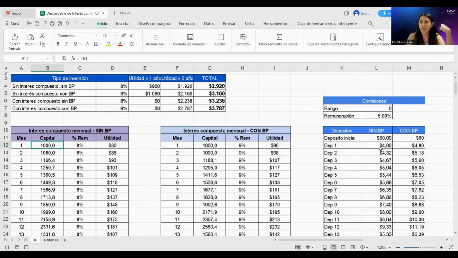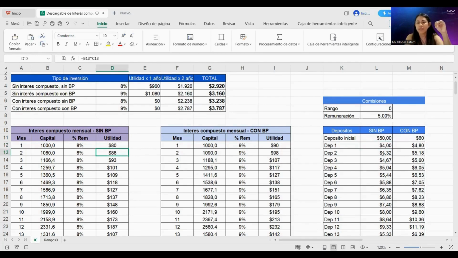But it turns out that since this person is encouraging compound interest, then for the deposit made in the second month, which is $80, they'll earn a commission of $4. And then they're going to deposit 86, so that generates a commission of 4.32 and so on.